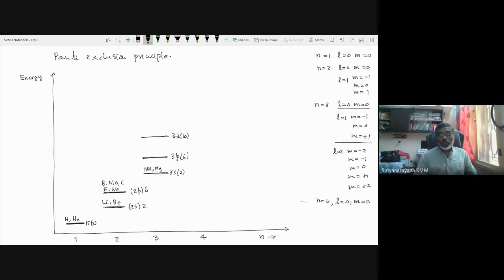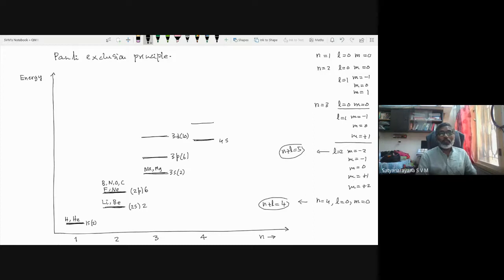Now for 4s, note that n plus L is equal to 4, whereas for 3d, n plus L is equal to 5. So because of that, your 4s will have a lower energy than 3d. 4s will have a lower energy.